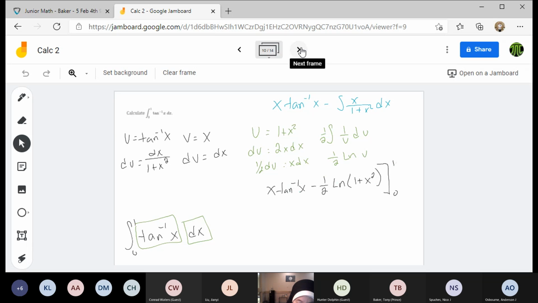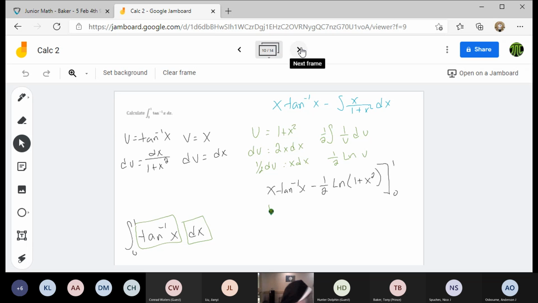All right. So if I'm plugging 1 into this whole problem, I have 1 times the arctangent of 1, which is pi over 4.